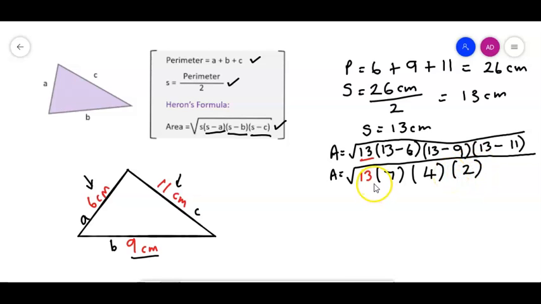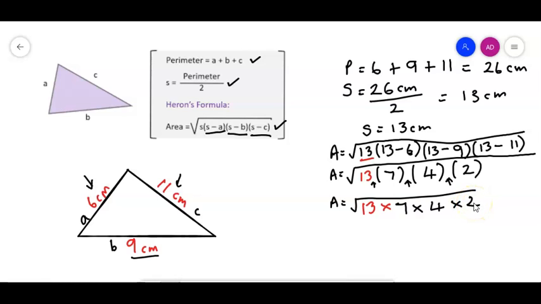Now in between here and those brackets are invisible multiplication signs. So we're going to take the brackets away and write it out again with the multiplication signs in so that it makes more sense. So now the area is the square root of 13 multiplied by 7 multiplied by 4 multiplied by 2.